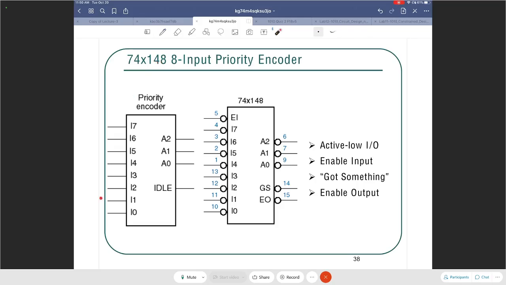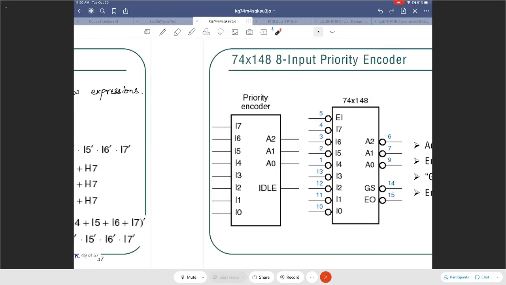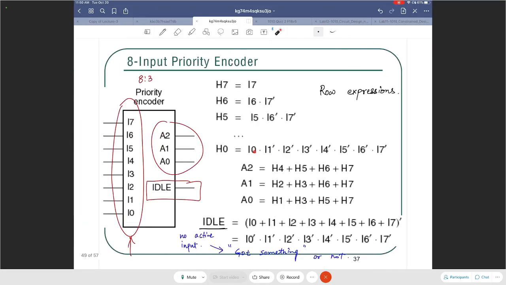So this was kind of theoretical. Now does I0 matter? Hold on. Only for the case of idle it would matter. But not for H0. Hence, it would not matter for any of A0, A1, A2.